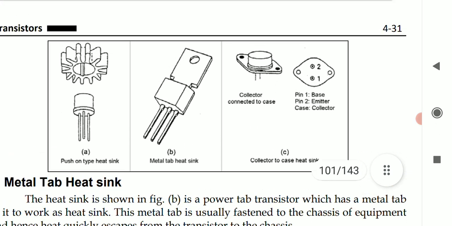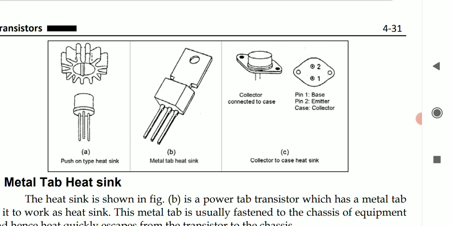Whenever heat is generated within the transistor, we can keep this transistor into this heat sink. The heat sink may look like a sun. When the temperature increases, that heat will be distributed throughout the heat sink. Therefore, the heat gets reduced by the environment.